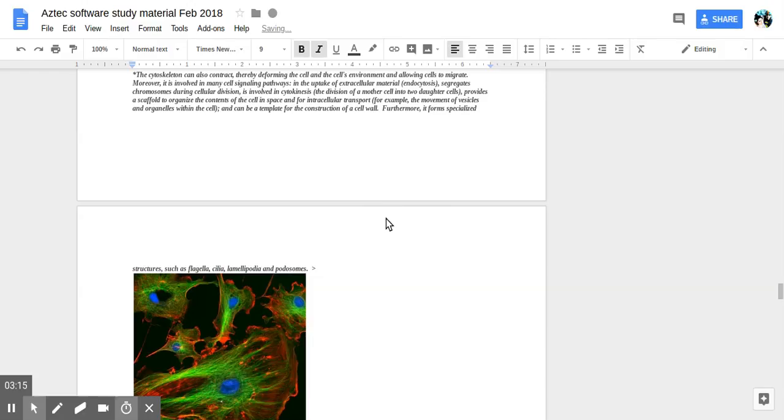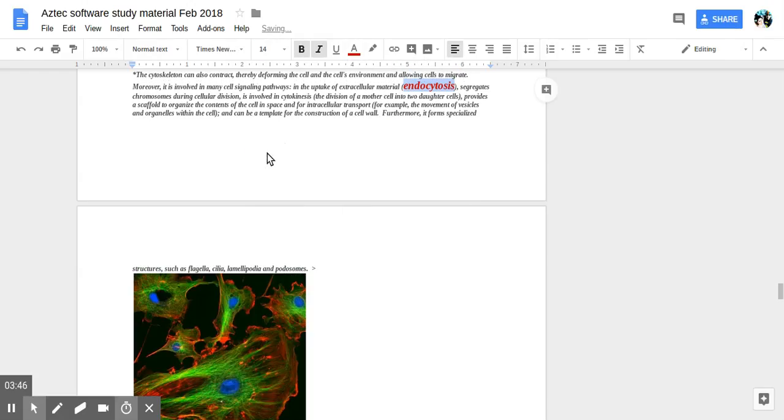Endocytosis. It segregates chromosomes during cellular division, is involved in cytokinesis, the division of a mother cell into two daughter cells, and provides a scaffold to organize the contents of the cell in space and for intracellular transport, for example, the movement of vesicles and organelles within the cell.